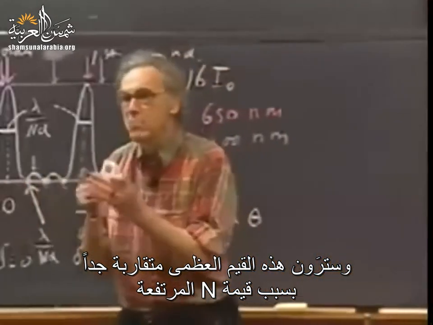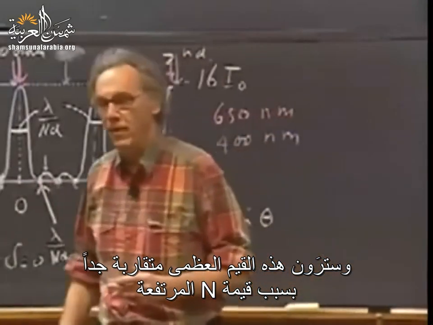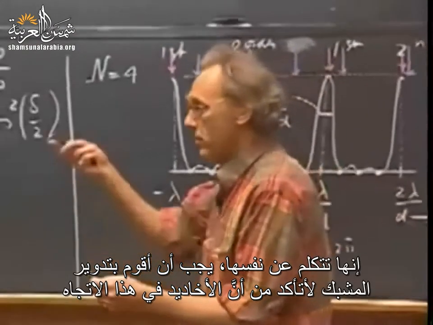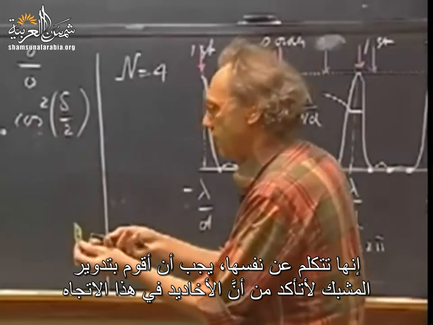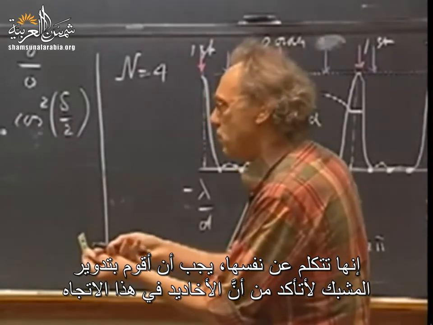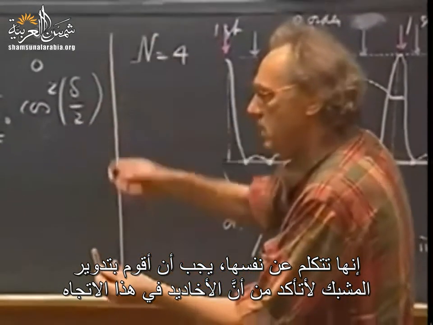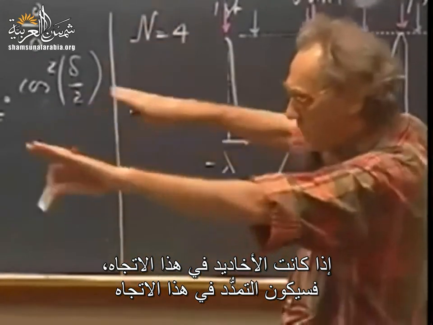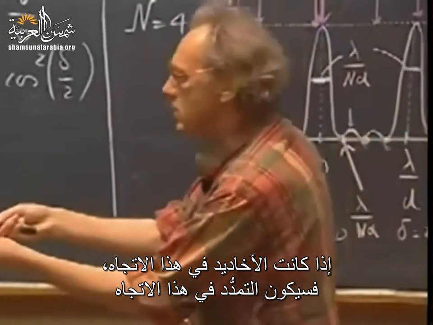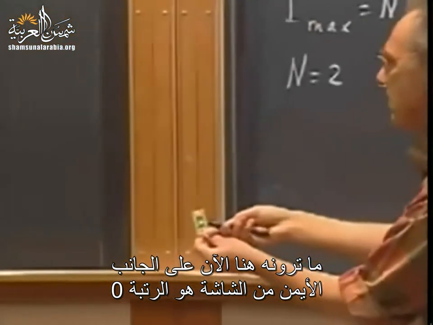And so you will see these maxima. You will see them extremely narrow, high value for n. And, well, it speaks for itself. I have to rotate my gratings to make sure that the grooves are in this direction. If the grooves are in this direction, the spreading is out in this direction. So here you see. The one that you see right now on the right side of the screen is my 0 order. Now you can't tell that it is 0 order because I have only one color.